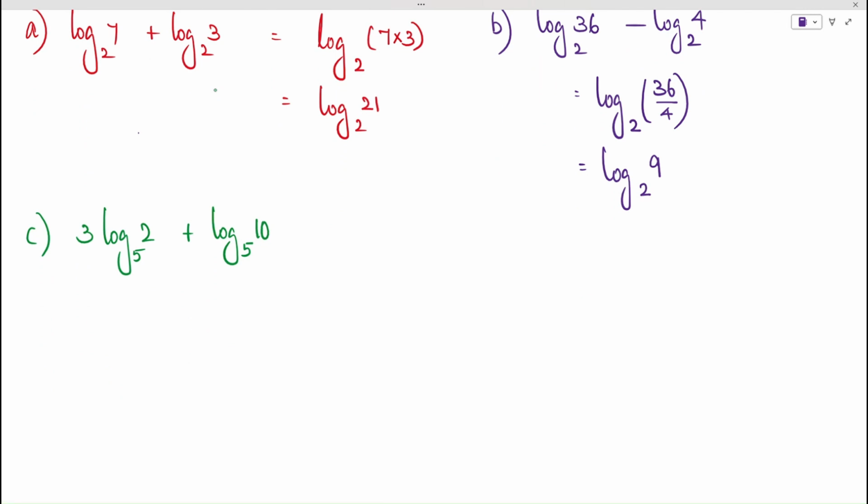So log 2 to the base 5 plus log 2 to the base 5 plus log 2 to the base 5, and now we can stick on our log 10 to the base 5.